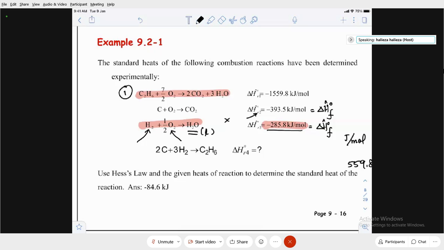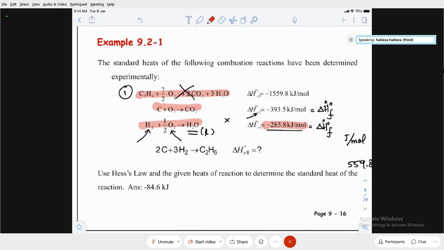No, doctor. Nothing is being formed here because you are not forming carbon dioxide, you're not forming water, so it's not a formation reaction. The only two reactions that are formation reactions are these two.